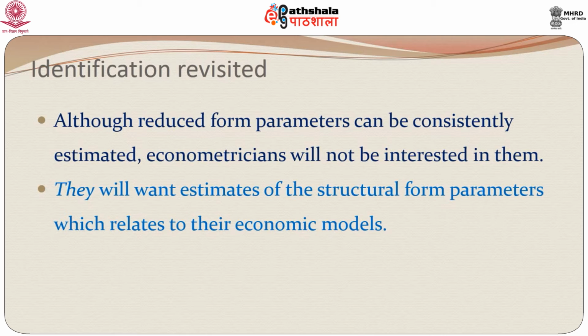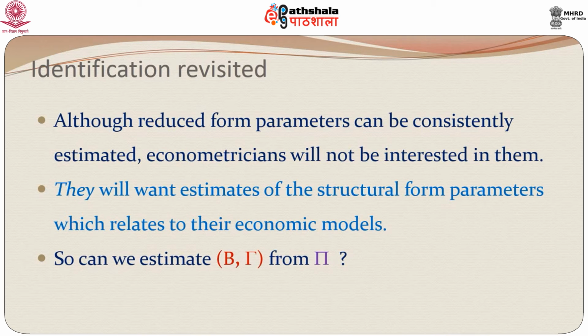We have turned this into a reduced form model because as statisticians we find that there are problems of inconsistencies because of endogenous variables present, but that will not actually satisfy the econometricians. They are not interested in the reduced form parameters, because interpreting those would be difficult for them. They are interested in the structural form parameters which they can interpret, but we cannot get those, we can only get the reduced form parameters. So, what we need to do is estimate the structural form parameters from the reduced form parameters. The question is, can we do that?